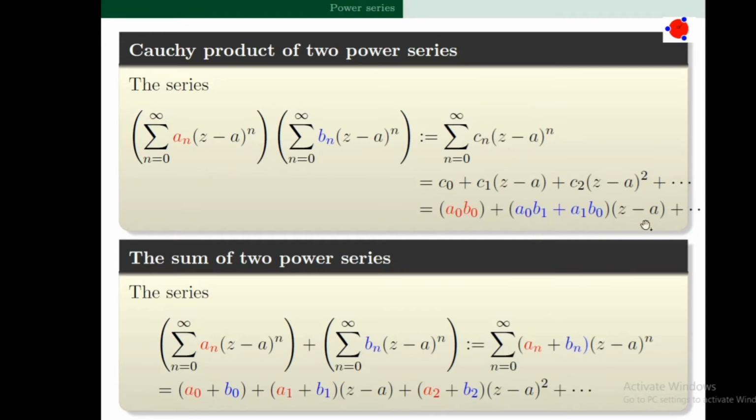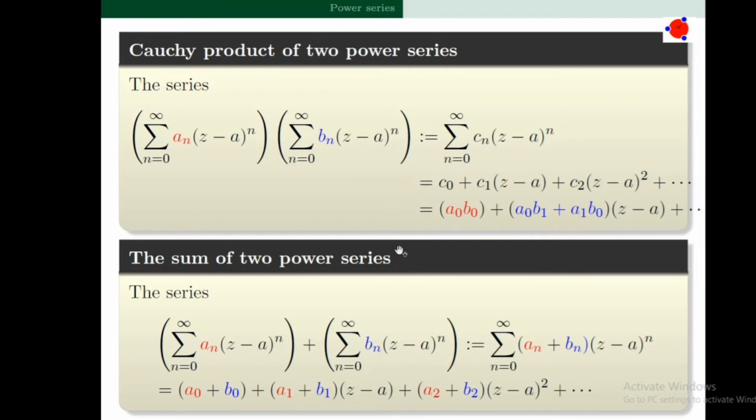This new power series is called the Cauchy product of the power series sigma an (z minus a)^n and sigma n equals 0 to infinity bn (z minus a)^n.